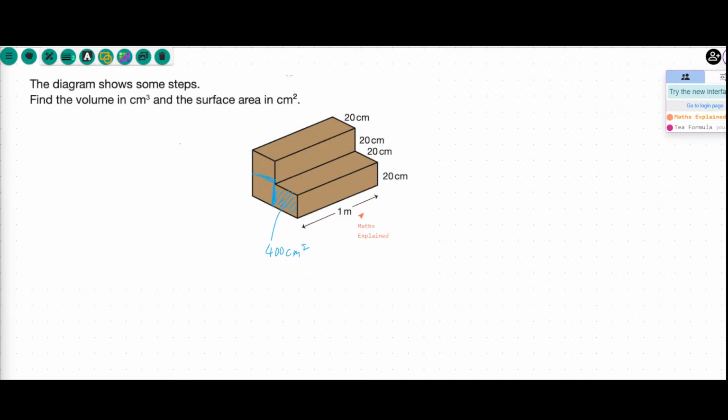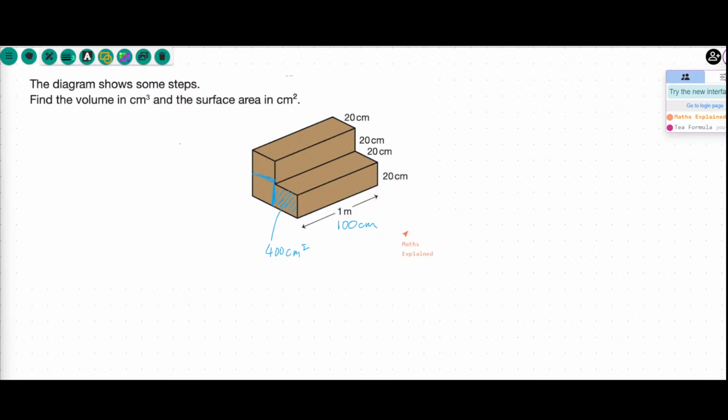To work out the volume of that rectangular prism, multiply it by the length. And we just learnt we need to check our dimensions, make sure they're all in the same unit. So this says 1 meter. We're going to convert that to centimeters. So that's 100 centimeters. So the volume of this rectangular prism, which is actually a third of this shape, is 400 times 100.